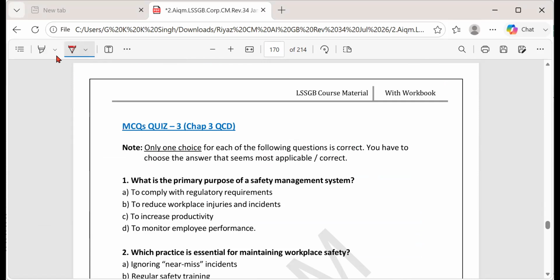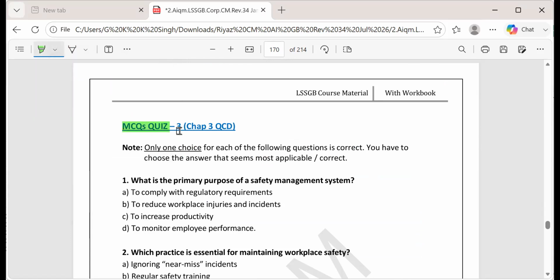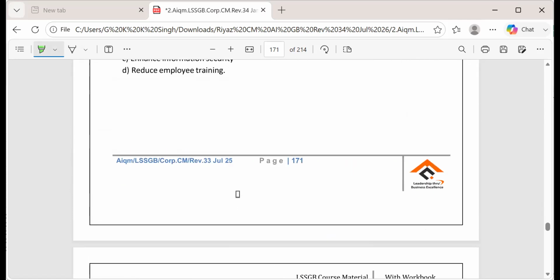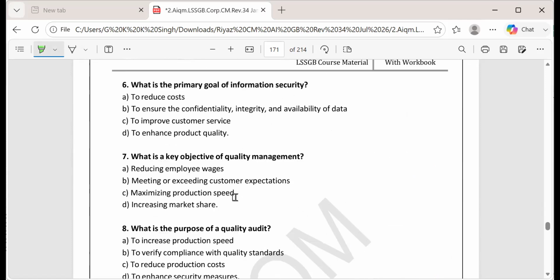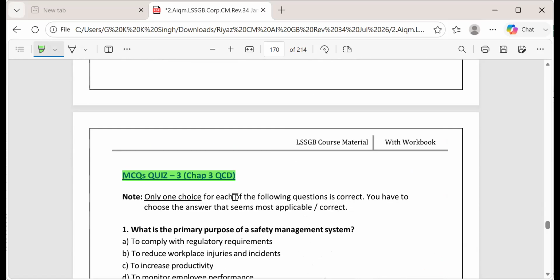There is this quiz, Quiz 3. This is on QCD: safety, quality, cost and delivery. There are 10 questions. This quiz you have to do as your homework. We will discuss the answers tomorrow.